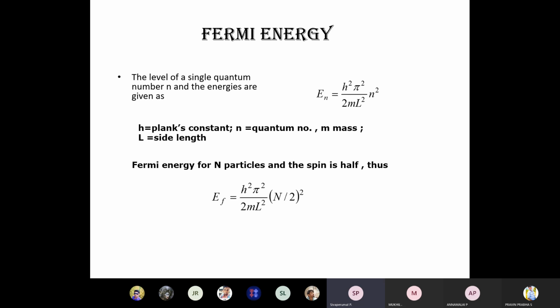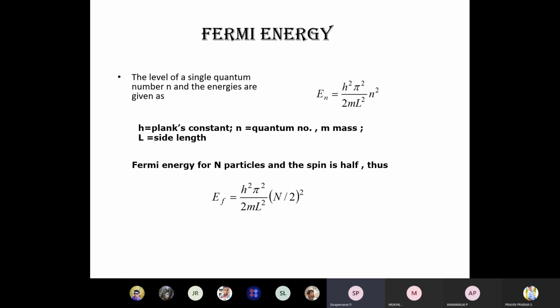When you go for the Fermi energy level, the quantum number will be changeable. Normally for the Fermi energy level, the number of particles is divided by half of the positions, since within the conduction band and valence band only half the positions are filled. So the quantum number is also divided, and we can represent the particles as n by 2, whole squared.